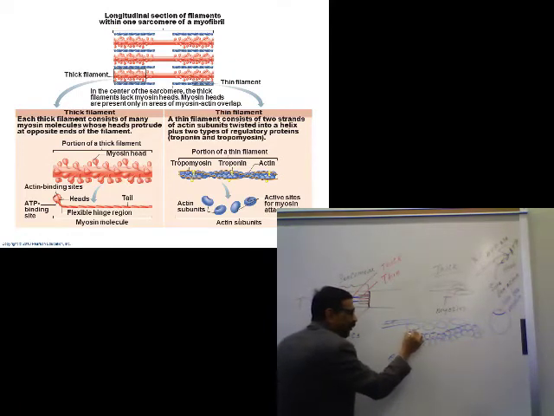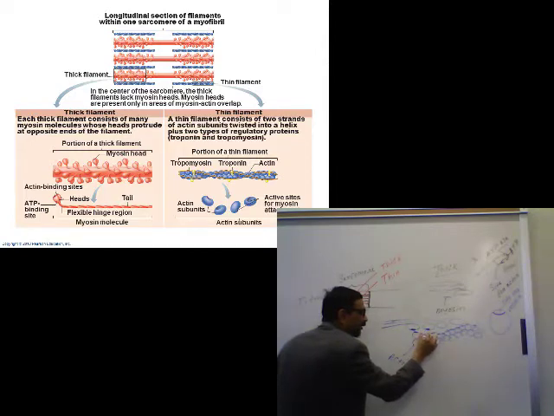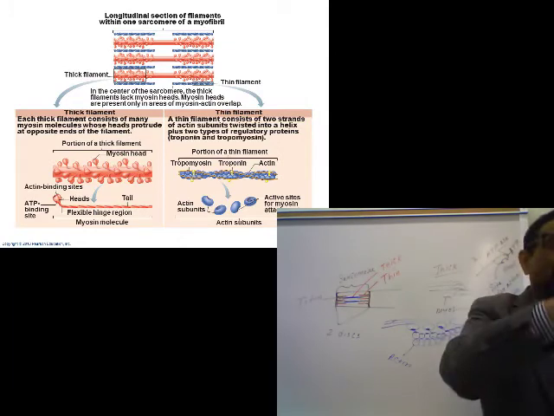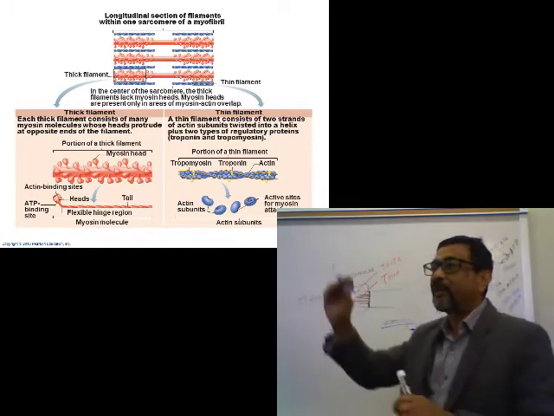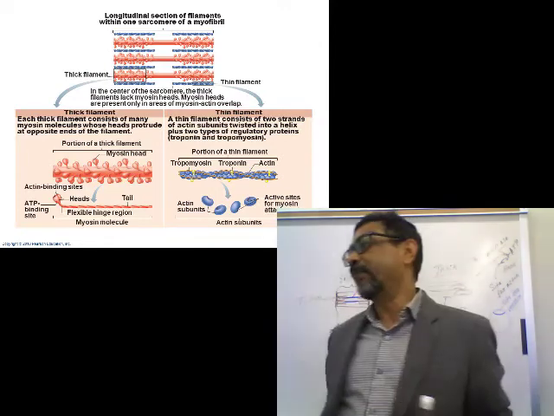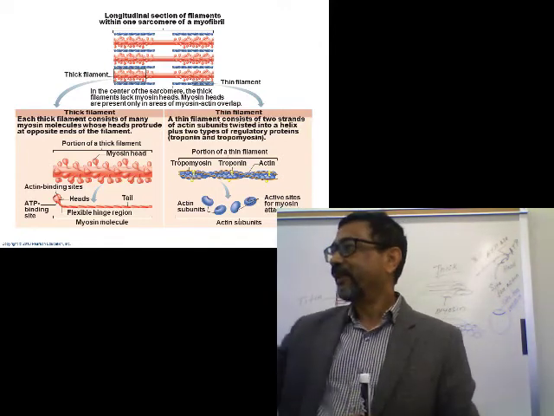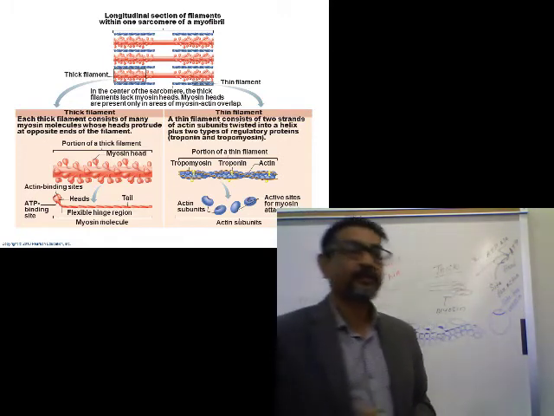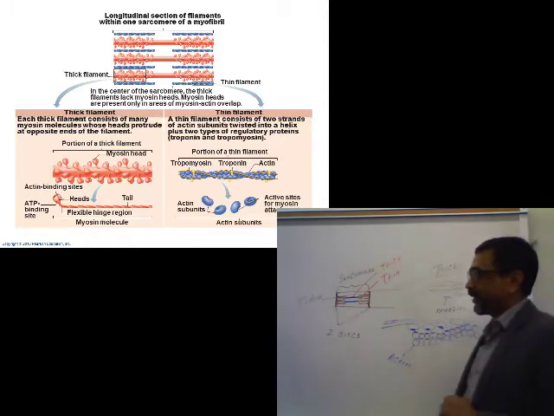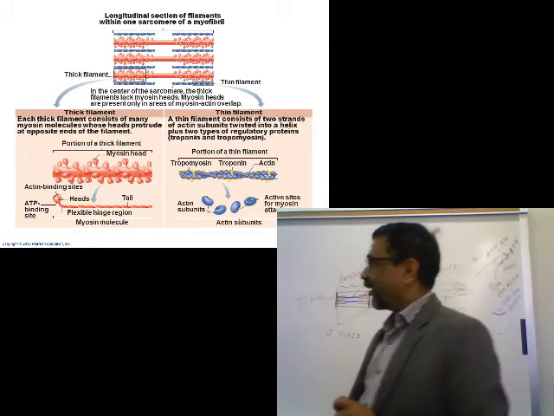You have a binding site here, here, here, and here. They will get attached to each other because they have sites for each other. And that happens during muscle contraction. The myosin heads will bind to the actin balls. Is it clear? Got it? Okay. That binding is needed for muscle contraction.